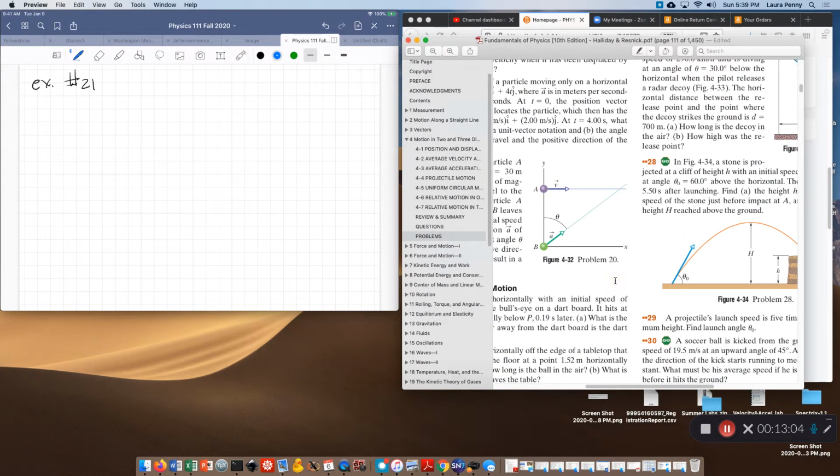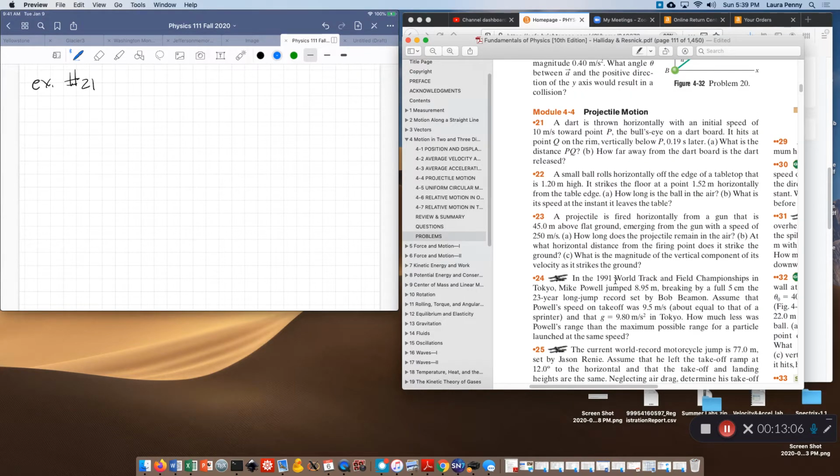Blow that thing up. I'll come over here. Number 21 says a dart is thrown horizontally. If I actually drew this dart and its initial velocity, that's horizontal, right? It's all horizontal.